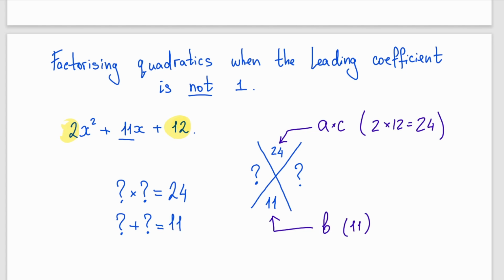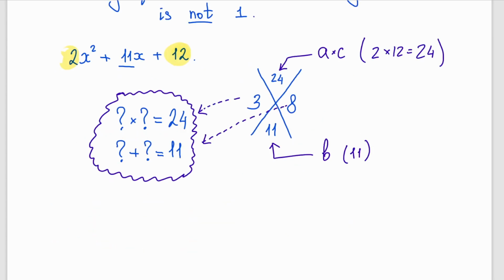As always, start thinking with the product. Let's say it's 3 times 8, and I'll check the sum. 3 plus 8, that is indeed 11. So now we got our two numbers, that is 3 and 8. What I'm going to do with these numbers is this. I'll put the double brackets and x in each.